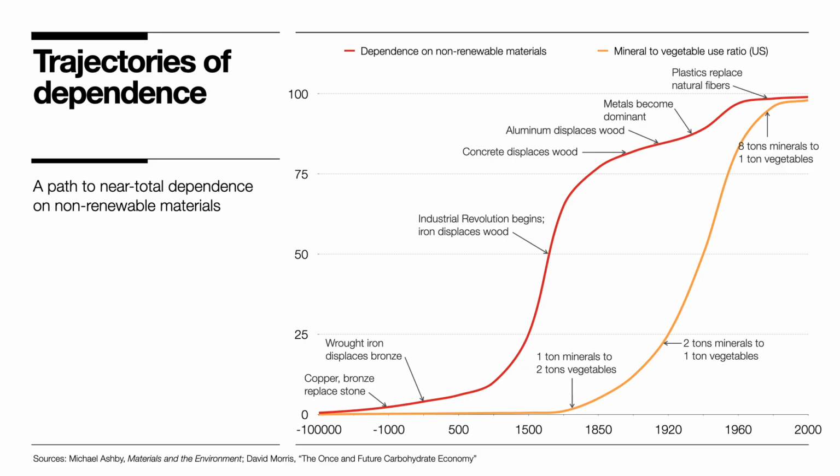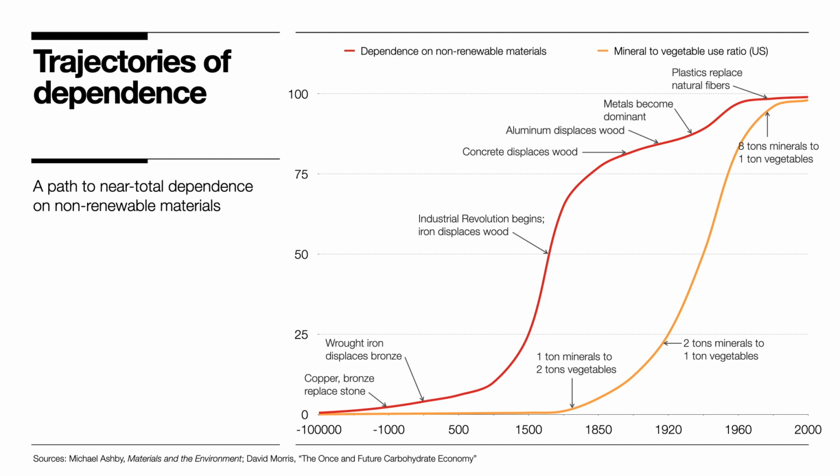And so I'll talk about these two trajectories briefly for more information. The first, the upper trajectory that's in a red color, is from the engineer Michael Ashby from Cambridge. And in his research, he is illustrating the proportional difference between reliance on renewable materials and non-renewable materials.